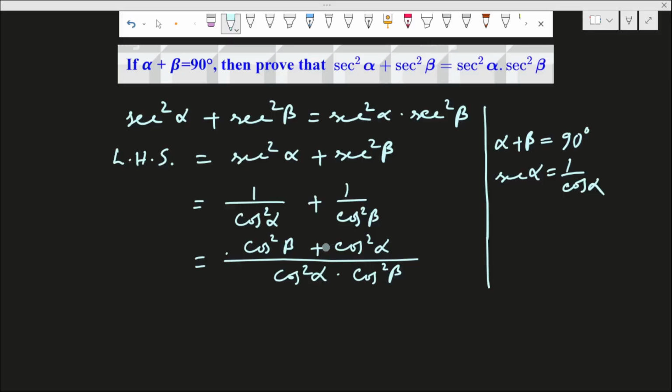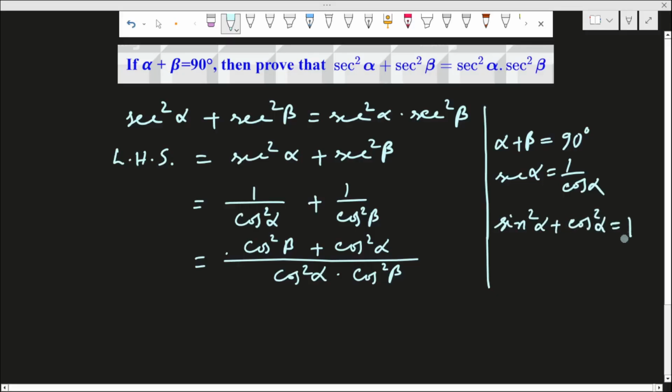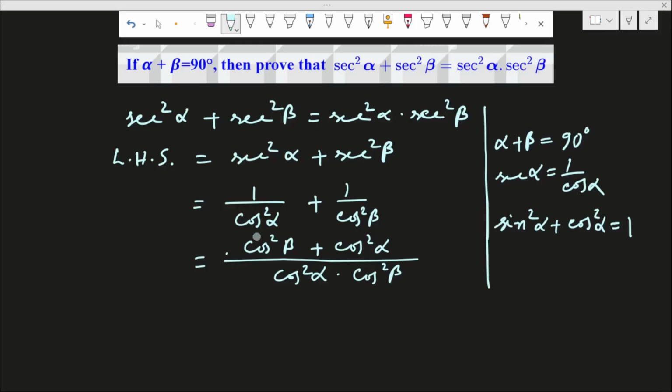See, solving cos square alpha and sin square alpha, there is a formula: sin square alpha plus cos square alpha, that is 1. Use this formula. We must eliminate beta from the numerator, but we can easily eliminate it: write beta is equal to 90 minus alpha.